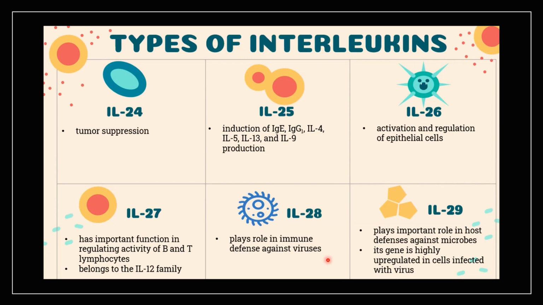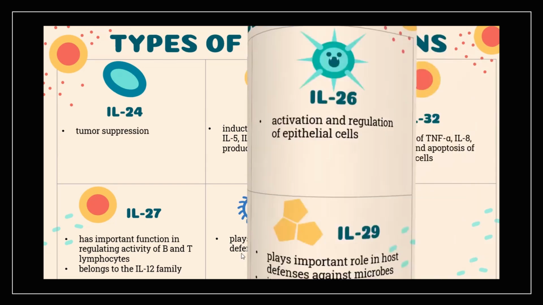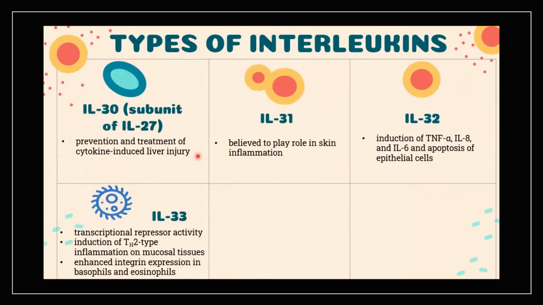For interleukin 29, their major function is to play an important role in host defenses against microbes, and its gene is highly upregulated in cells infected with virus. For interleukin 30, the new name of p28 is a subunit of IL-27. Its major function is prevention and treatment of cytokine-induced liver injury.